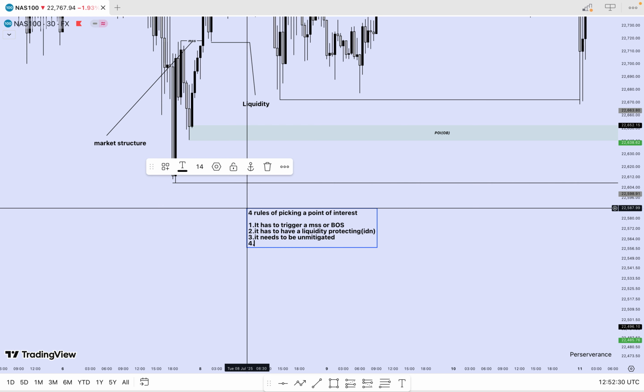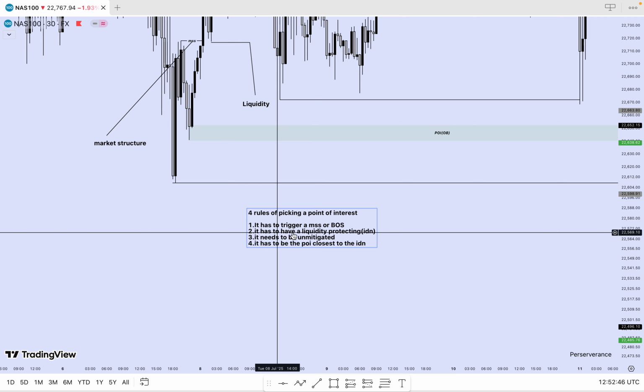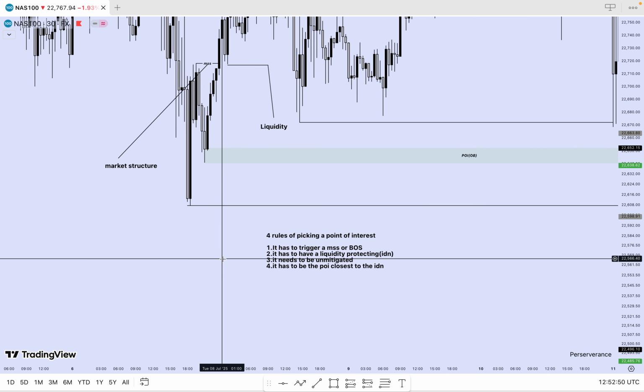The fourth one is it has to be the POI closest to the inducement. Let me explain this unmitigated and the one closest to the inducement.